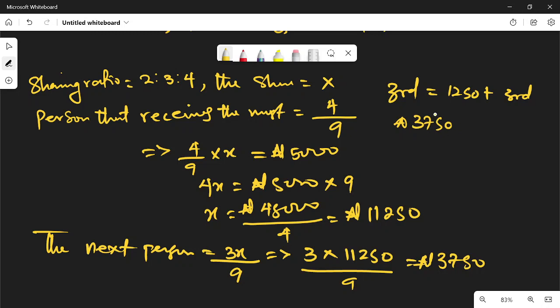So the third person is going to be 3,750 minus 1,250. That will give you the third person's share, and that will be 2,500 naira. So that's how we go about that. So the correct option there is going to be option A.